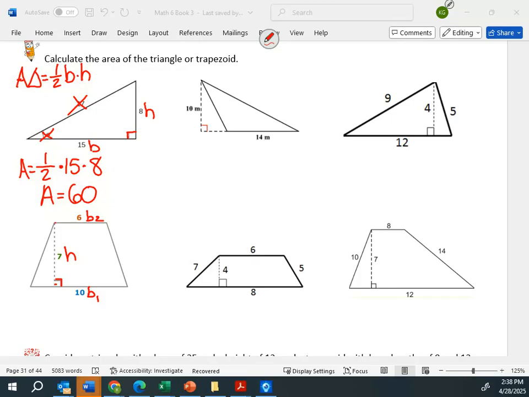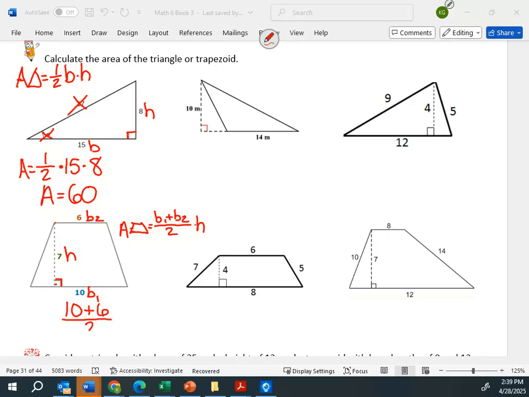I like to say that the area of the trapezoid equals base 1 plus base 2 divided by 2 times my height. So base 1 is 10 plus base 2 is 6.